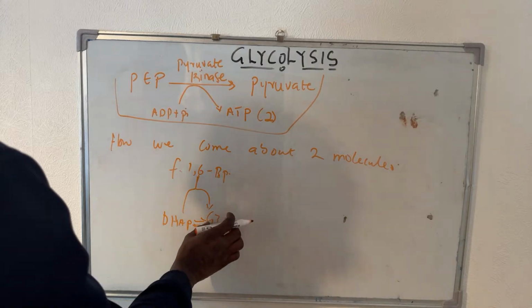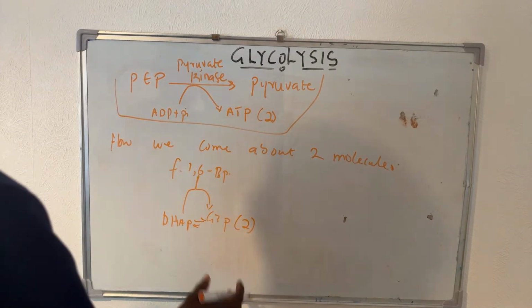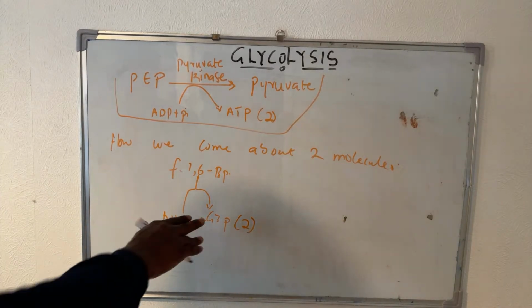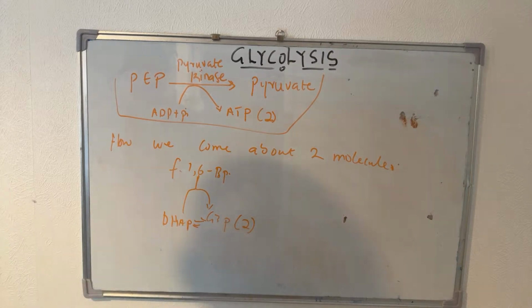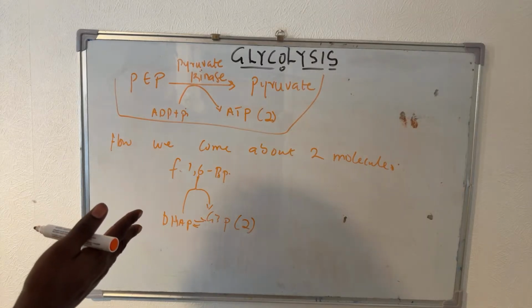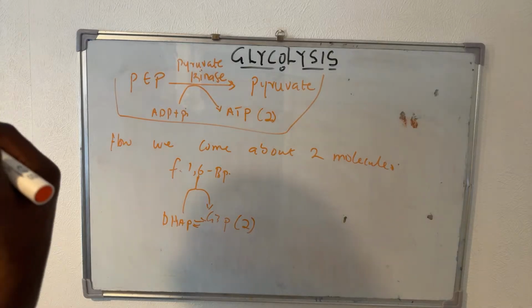So you can comfortably say that this one is now 2 molecules because it can isomerize into this. Okay, good. So that is how we come about the 2. And each of those molecules going forward will now be 2.